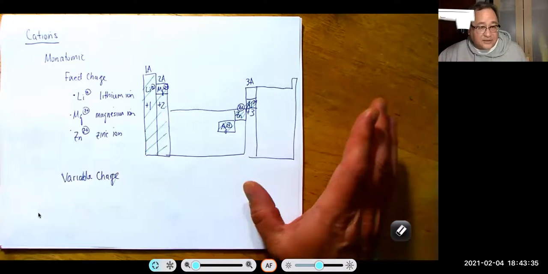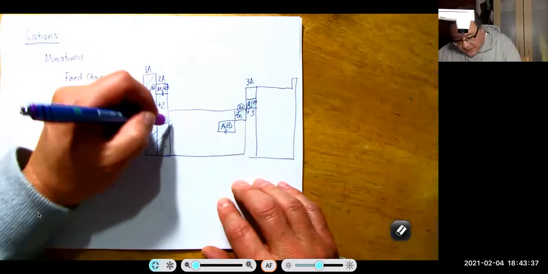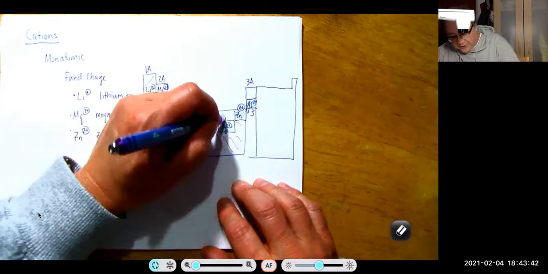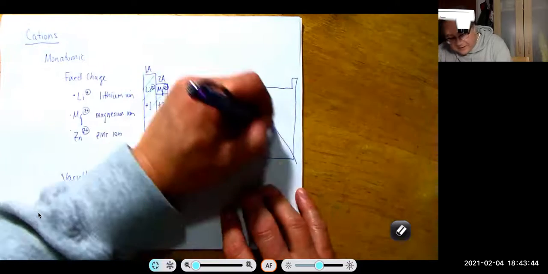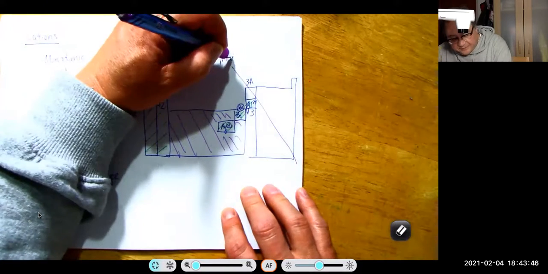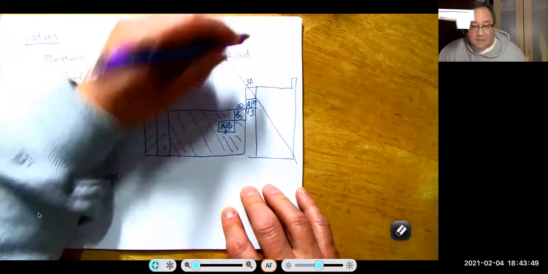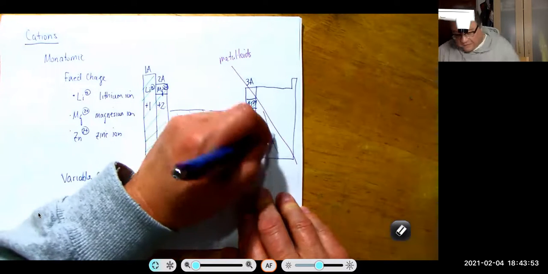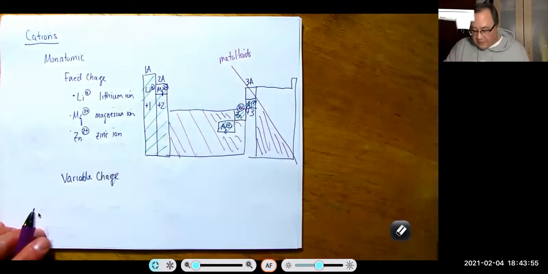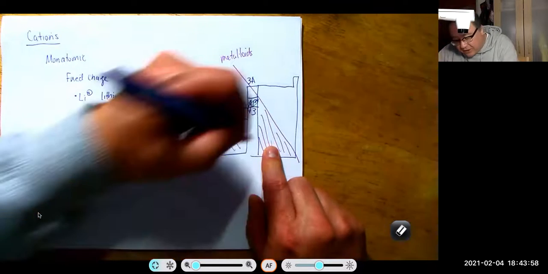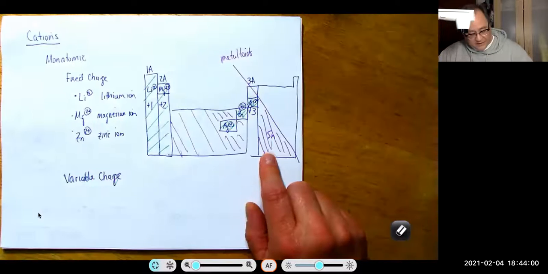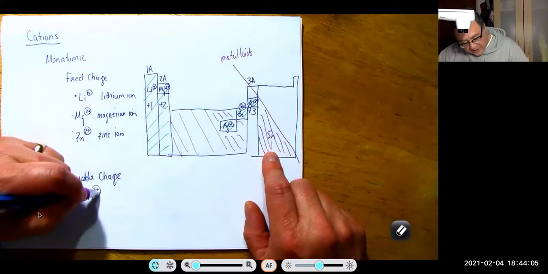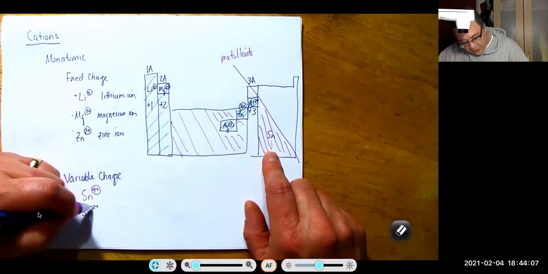Where are the cations that are variable charge? And the answer is everywhere else. All of the other metals. Now remember, these are the metalloids, and the non-metals are to the right and the metals are to the left. So these guys are variable charge. For instance, there is an element called tin. There is a tin with a +4 charge, and there's a tin with a +2 charge.